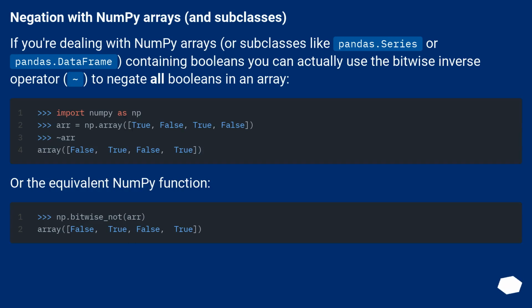Negation with NumPy arrays and subclasses. If you're dealing with NumPy arrays, or subclasses like pandas.Series or pandas.DataFrame, containing booleans, you can actually use the bitwise inverse operator, tilde, to negate all booleans in an array. Or the equivalent NumPy function.